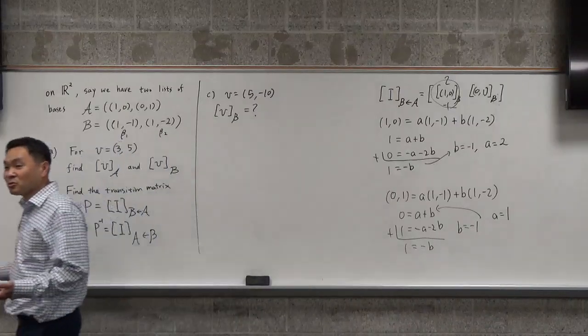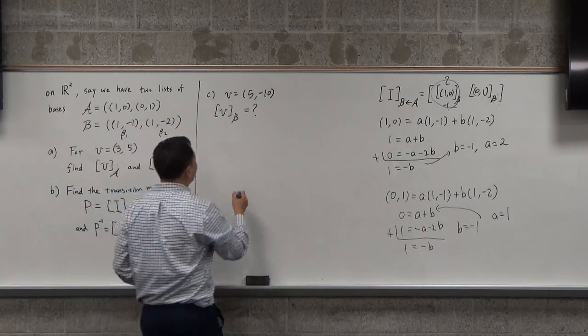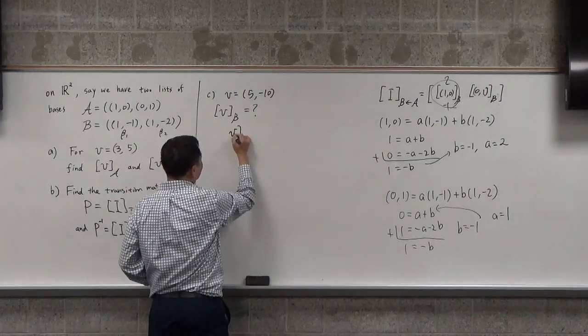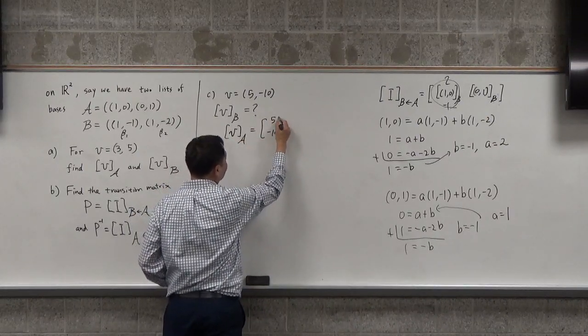Let's say you have this question, and let's say we solve this using the transition matrix rather than solving it directly. Okay. How would you do it? I know that V under the standard basis would be just 5 and negative 10, right?